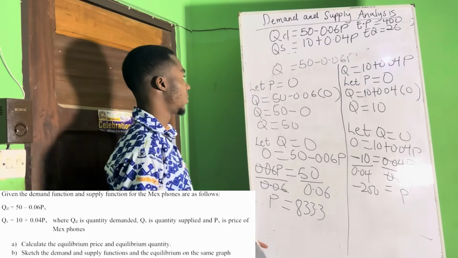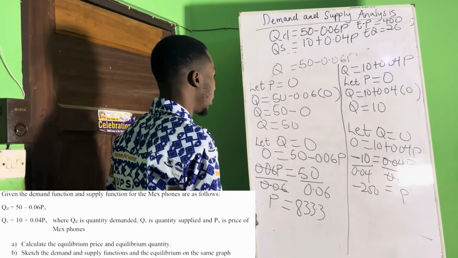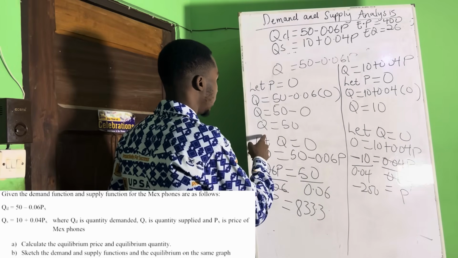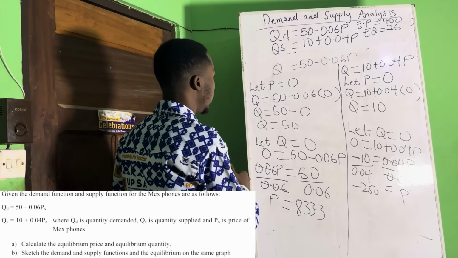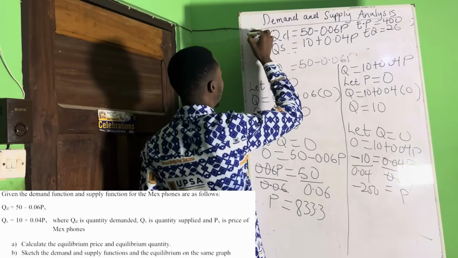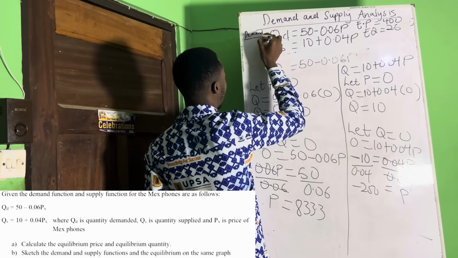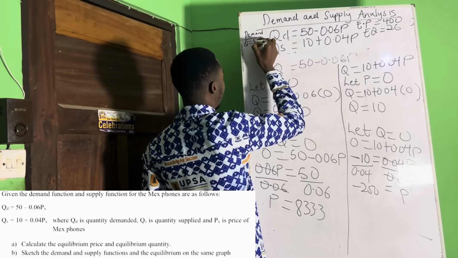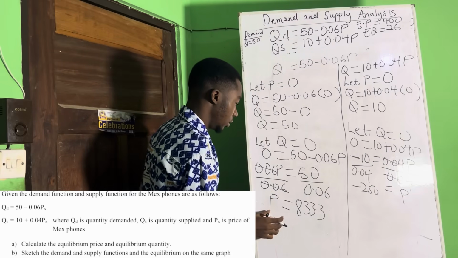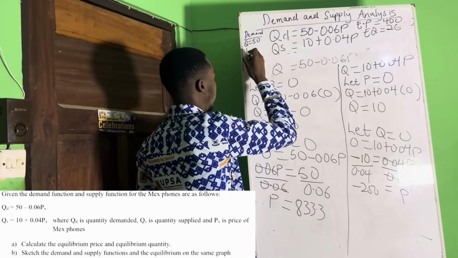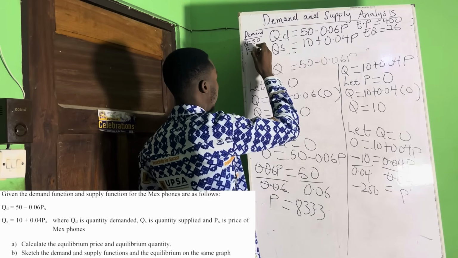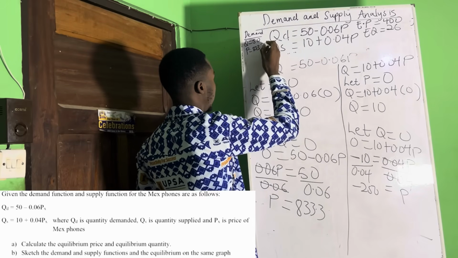Get it? So now let's write the values for the demand function here. So for the demand function, we got Q to be 50. So that's for demand. Let me write it here. Demand: Q was equal to 50. Then price was equal to 833.33.